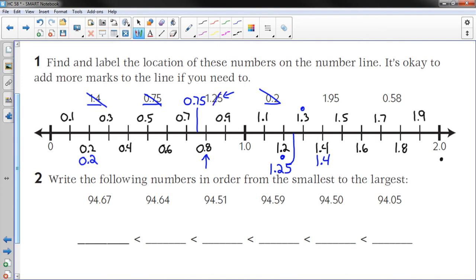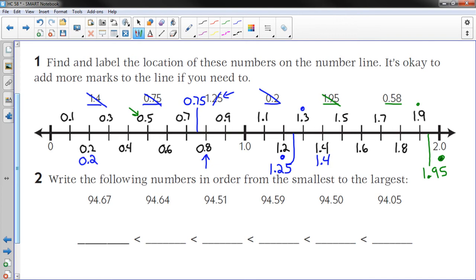Do the last two in green. I have 1 and 95 hundredths. That's greater than 1 and 9/10, but less than 2. It's right in between those two. So 1 and 95 hundredths. Can cross that out. And I'm left with 58 hundredths. It's greater than half, or 5/10, which is over here.